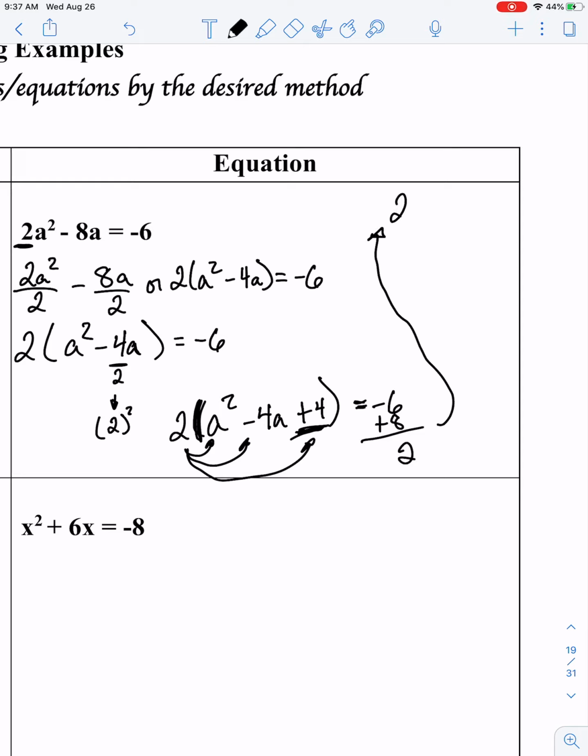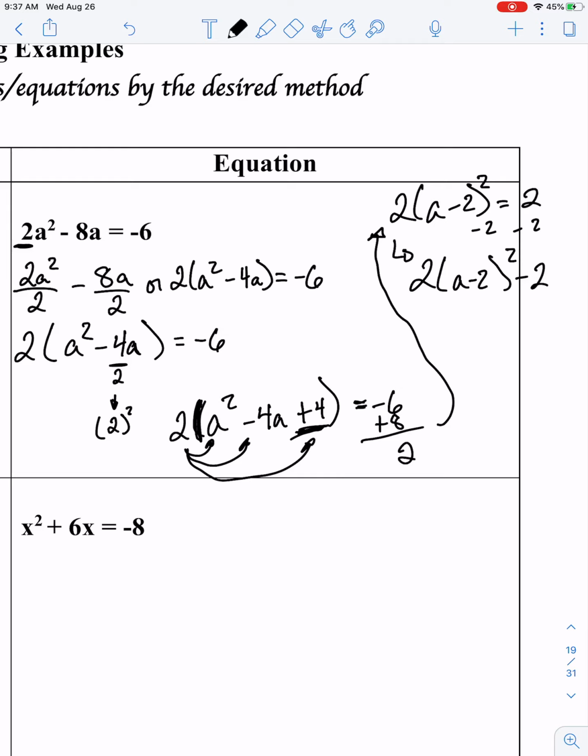Again, factor the trinomial we just made, which is a minus 2 squared, equals 2. Again, I want to set my equation back equal to 0, and it becomes 2 times a minus 2 squared minus 2.